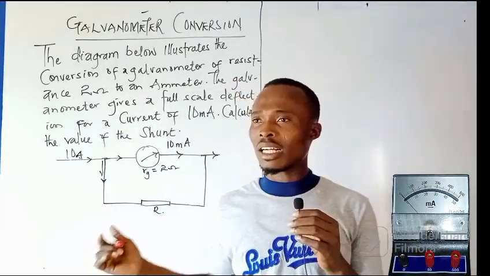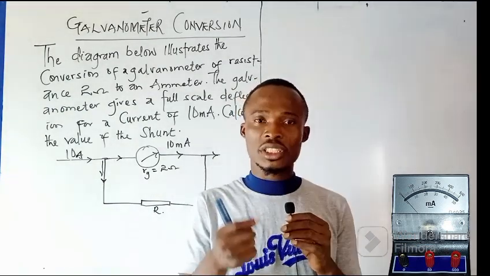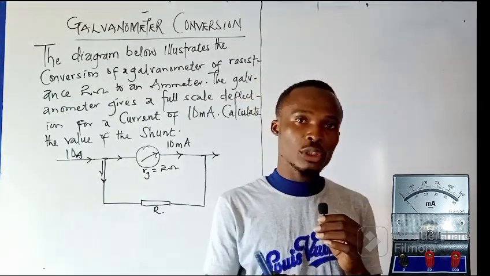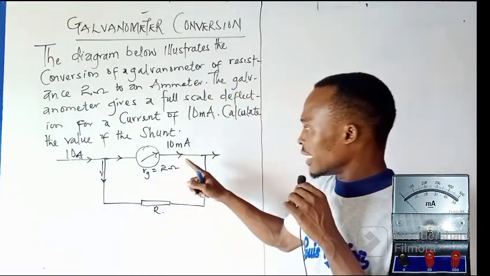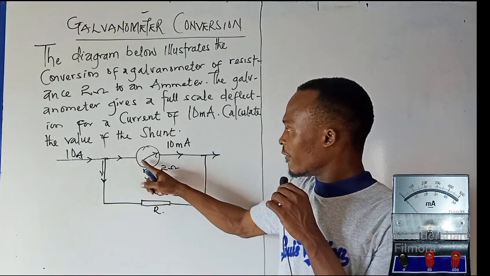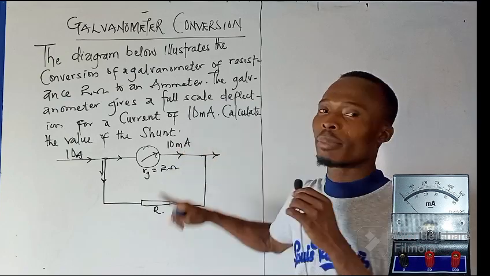What is a galvanometer? A galvanometer is an electronic device which is capable of measuring current only in small quantity. That is why you will see the galvanometer here is deflecting a full-scale deflection of 10 milliampere.